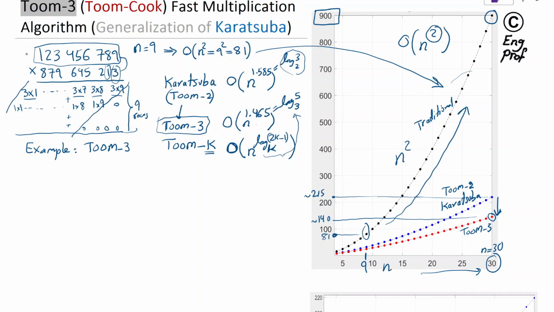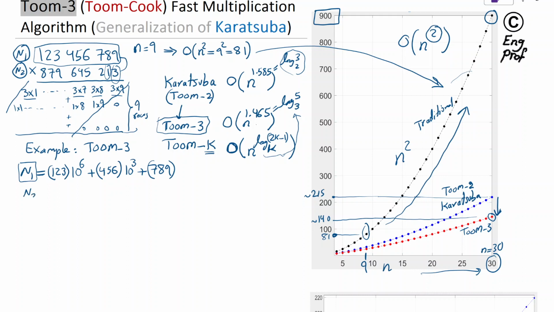So the two numbers, n1 and n2, I'm going to write them here like this. As I said, my goal is achieving a simple explanation. So n1 is 123456789, and I'm rewriting the number n1 in the form of 123 times 10 to the power 6 plus 456 times 10 to the power 3 plus 789.